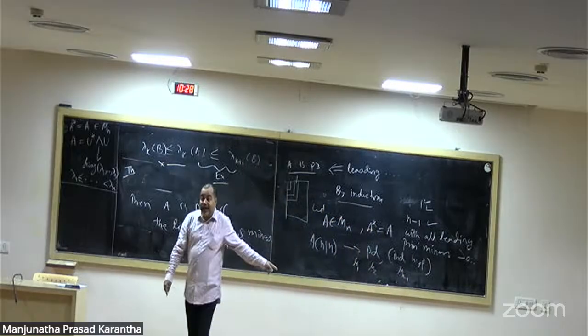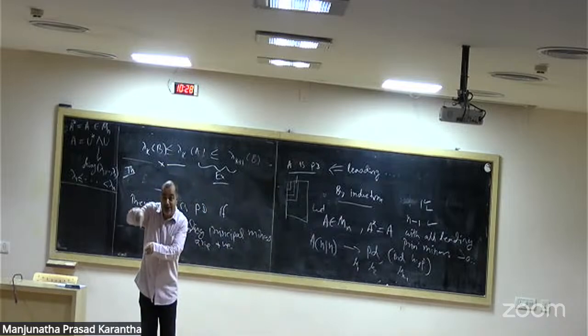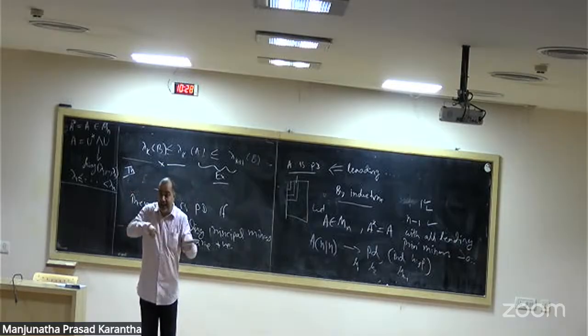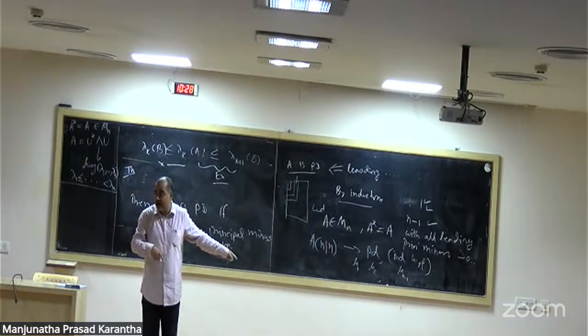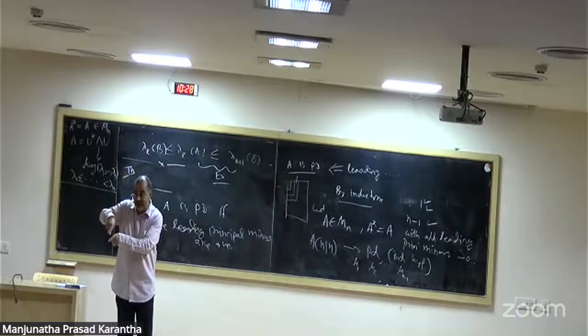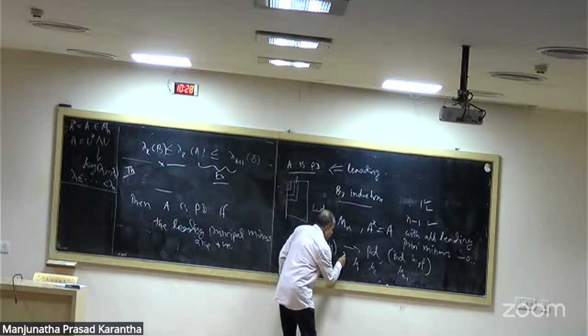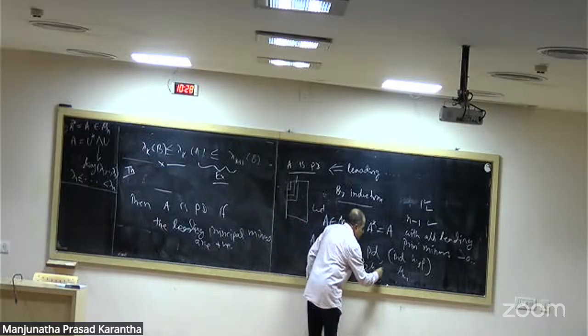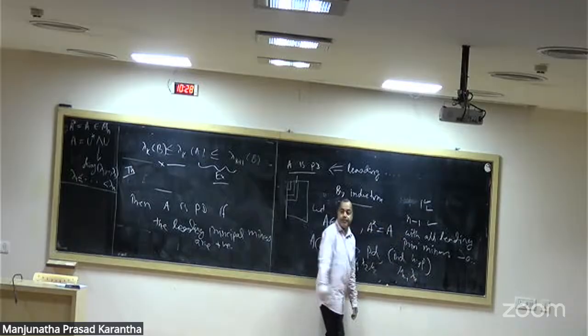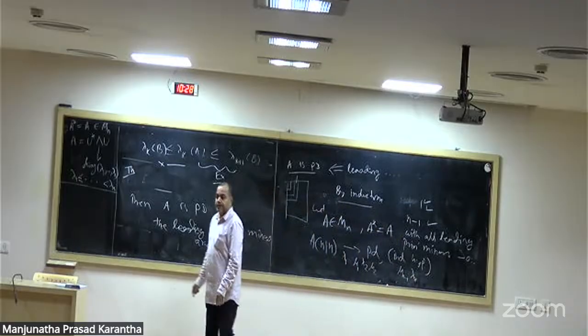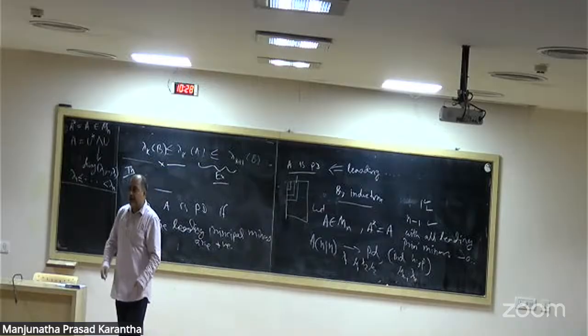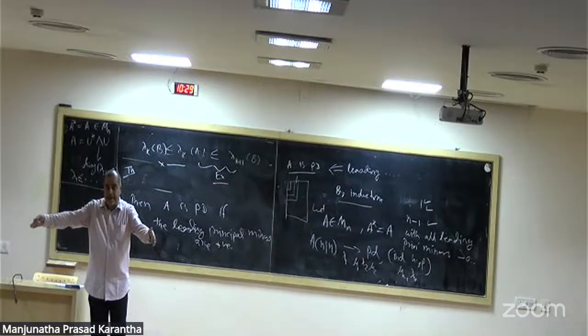But then A is a supermatrix, a bordering supermatrix. Remember? A is like the bordering matrix here. And therefore the eigenvalues of A, lambda 1, lambda 2, up to lambda n, will be interlaced.